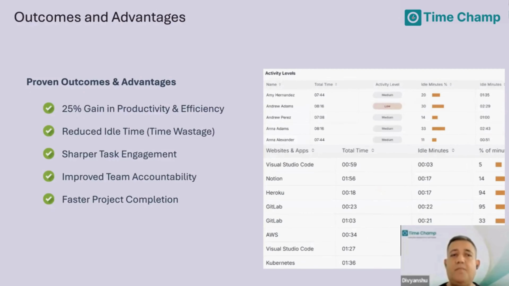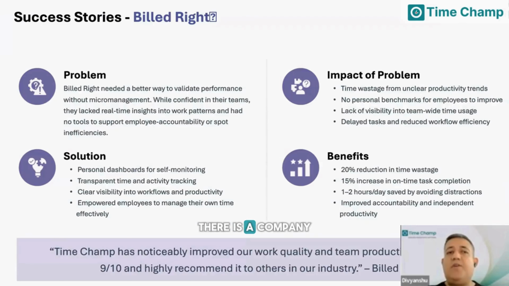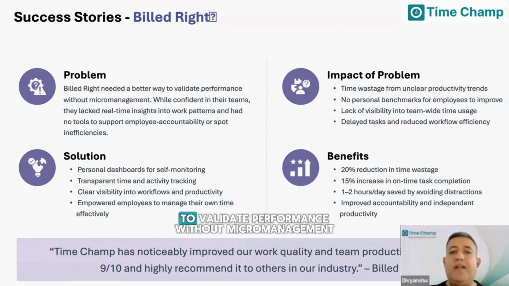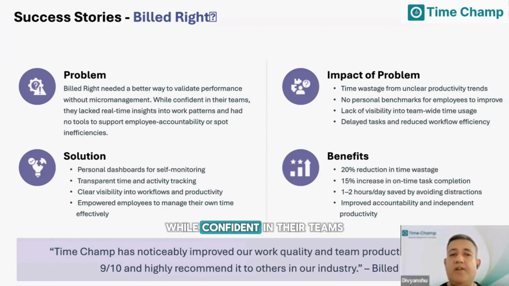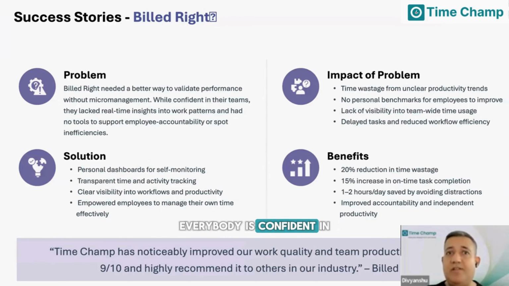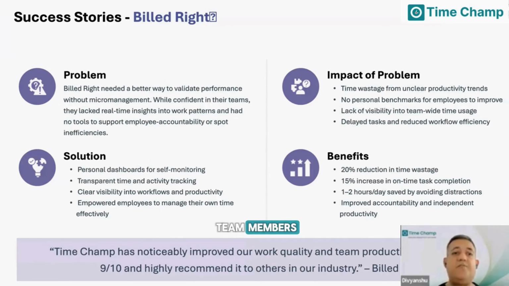Okay. One, there is a company called BuildRight, which talks about the problem. BuildRight needed a better way to validate performance without micromanagement, while being confident in their teams. Everybody is confident in their teams, right? We all love our team members. We all feel that yes, they are the best. Otherwise, how would you run a company?